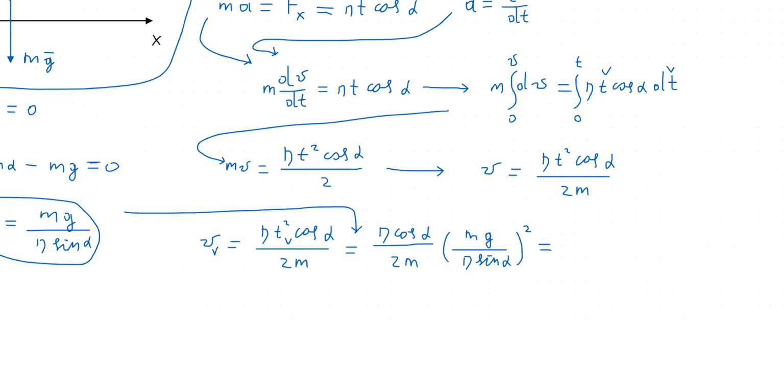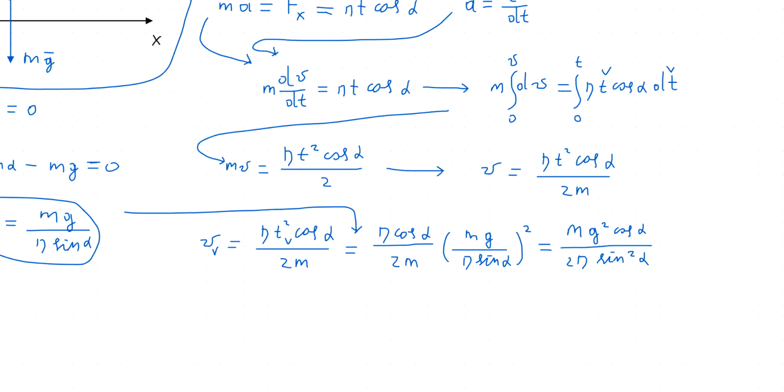So it will be mg to the power of 2 cosine alpha divided by 2 eta sinus to the power of 2 alpha. Okay, this is the answer for the first part of the exercise.